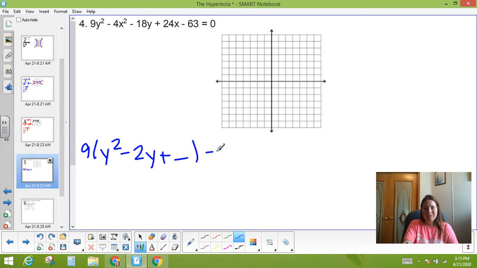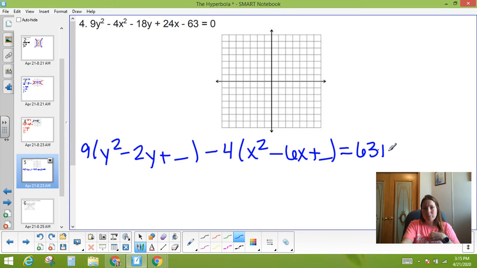All right, so minus 4x squared. So we're pulling out a negative 4. So if I do positive 24, if I pull out a negative 4, that's negative 6, and then plus blank. 36 has to add to the other side, so he becomes positive, and then we get these counteracting plus blanks on the other side.